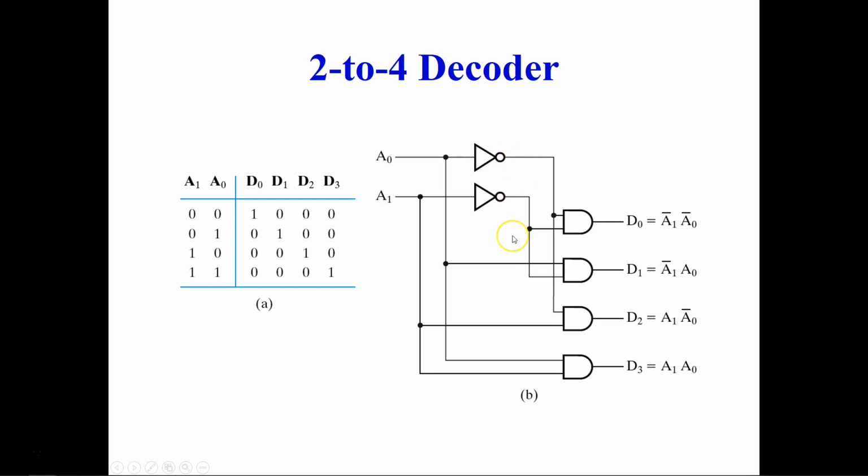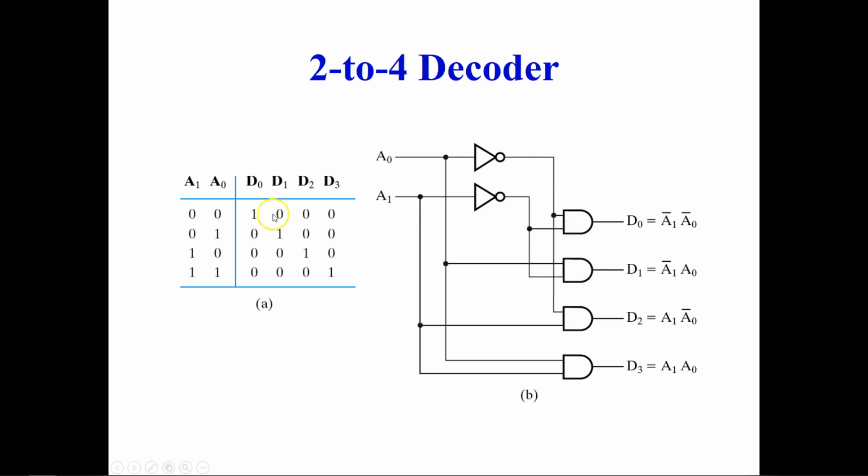We know that when D0 is 1, A1 and A0 are both 0, which means they are both complemented. So this is one AND gate for D0, where D0 equals A1 bar A0 bar, and that's why A1 bar and A0 bar are going into the AND gate.